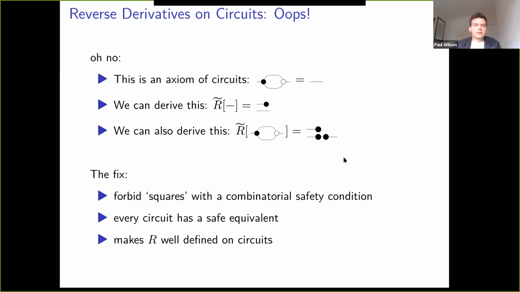And these are obviously not equal, so that's a problem. We can essentially fix this just by forbidding a square to appear in your circuit. You can do that combinatorially just by saying that the circuit inputs reachable from here are not the same ones reachable from here. And because every circuit has a safe equivalent, you can always apply your reverse derivative this way, and it's well defined.